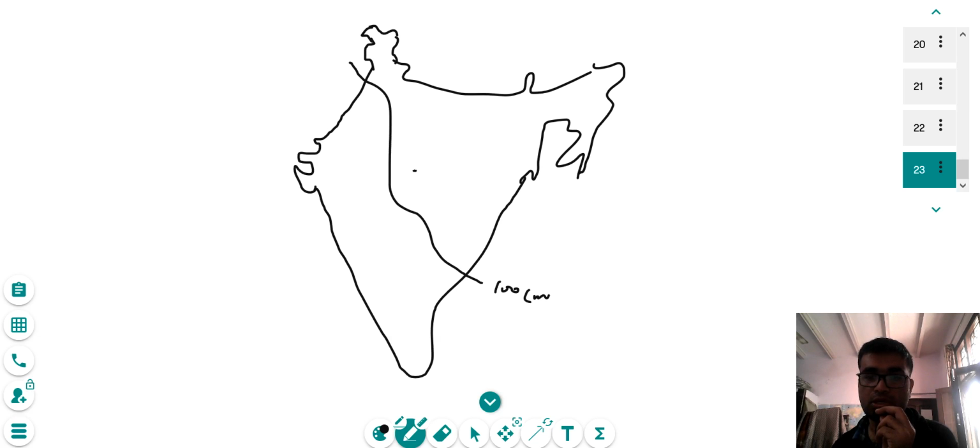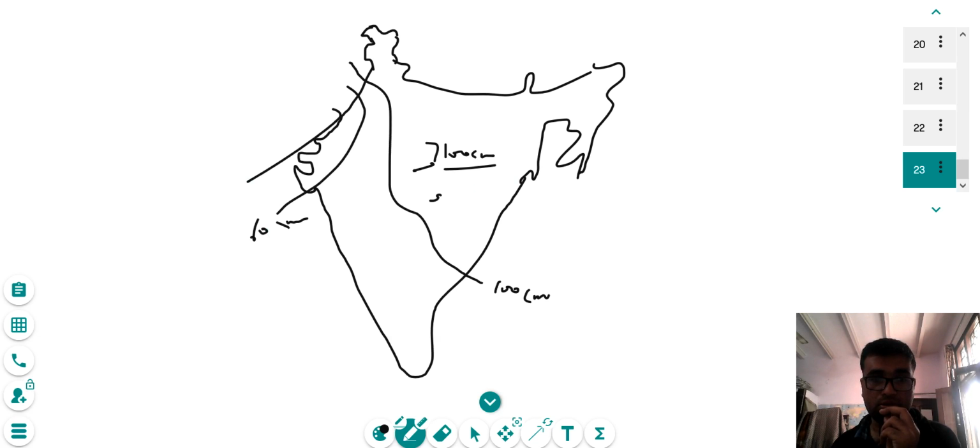The regions on this side witness more than 100 centimeter rainfall, and this side less than 100 centimeter rainfall. This is the 60 centimeter isohyet. Sorry, this is the 20 centimeter isohyet: regions on this side witness less than 20 centimeters, and the region in between witnesses rainfall between 20 and 60 centimeters.